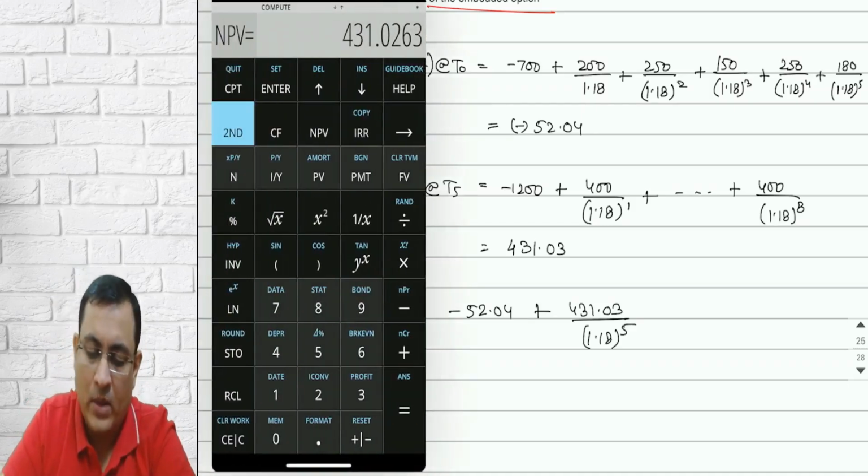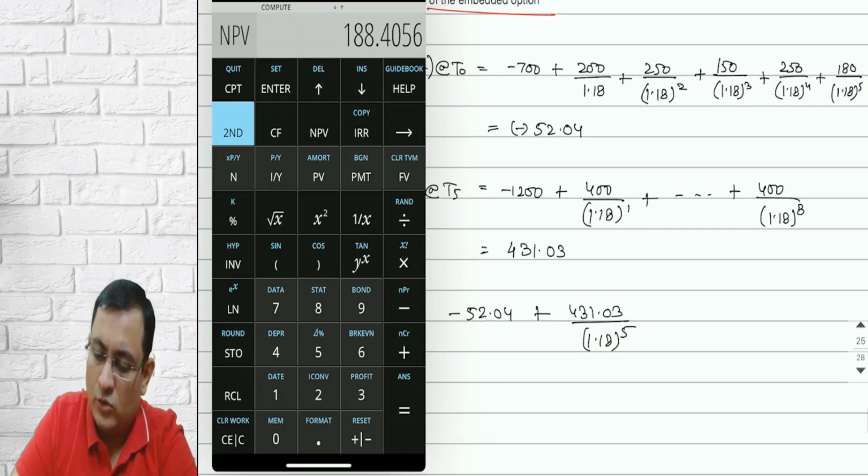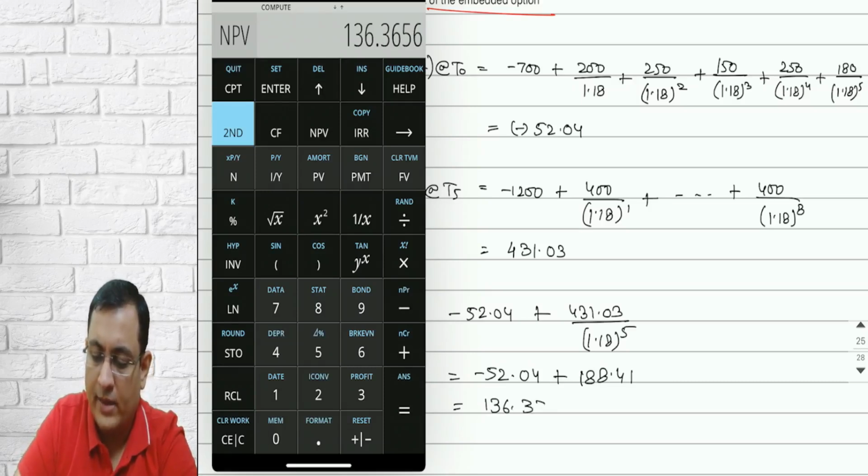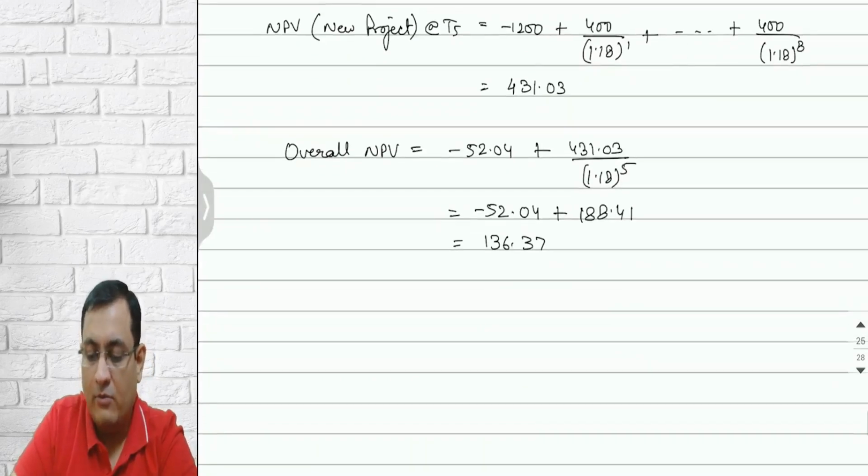That equals negative 52.04 plus 188.41. This is giving us a net NPV of 136.37.